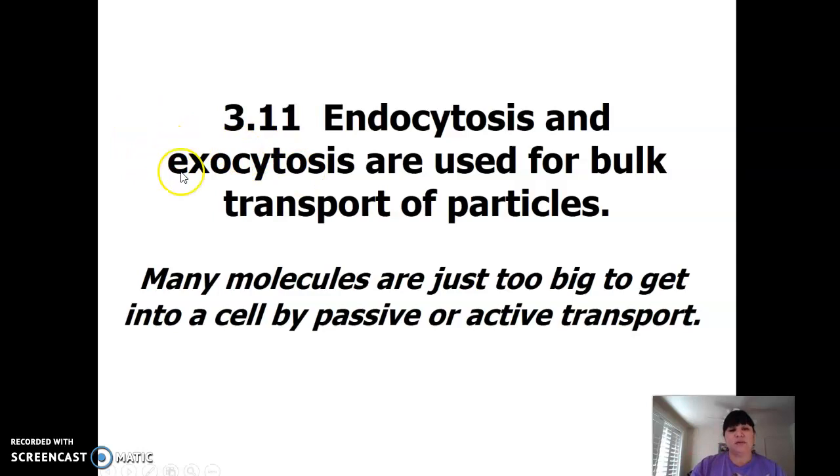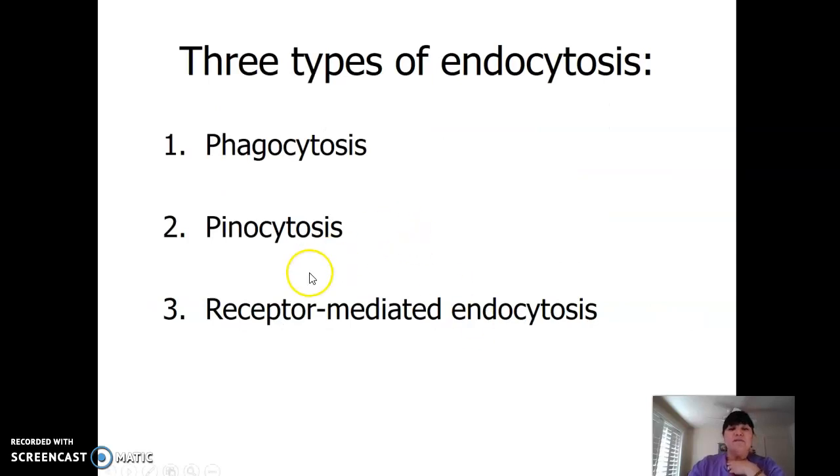Exo means going out, cyte means cell, so moving stuff out. Endocytosis and exocytosis are used for bulk transport of molecules. When things are too big to go through those little membrane proteins, we can have larger movement through the cell.